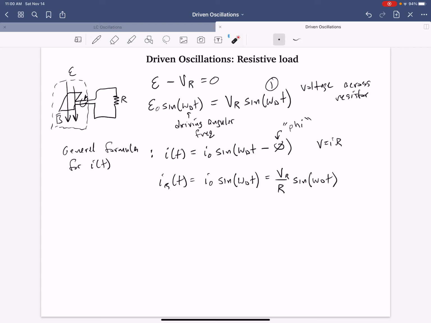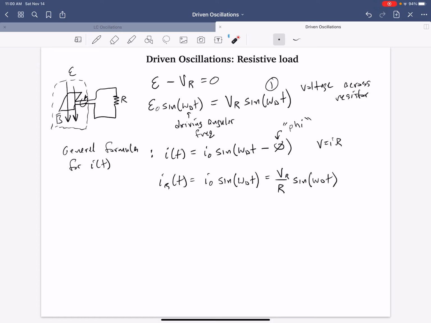Now, we should notice that this current through the resistor also has a sine of omega t, just like the voltage did. That's because both the voltage and the current across this resistor depend on the rate at which this loop rotates, and so we have to include that in there.